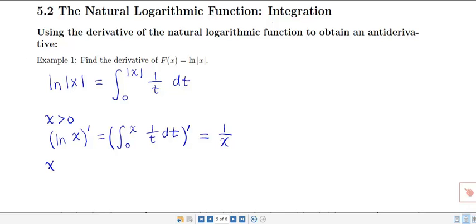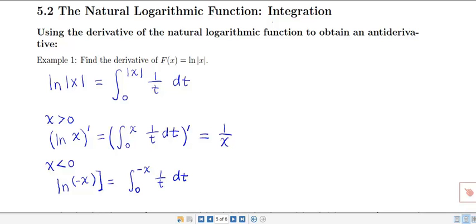On the other hand, when x is less than 0, ln of absolute value of x is the same as ln of negative x. So by definition, ln of negative x is integral from 0 to negative x of 1 over t dt.